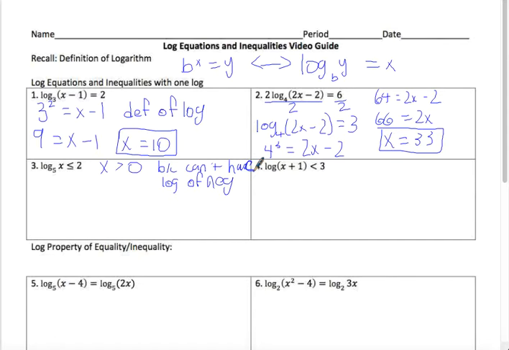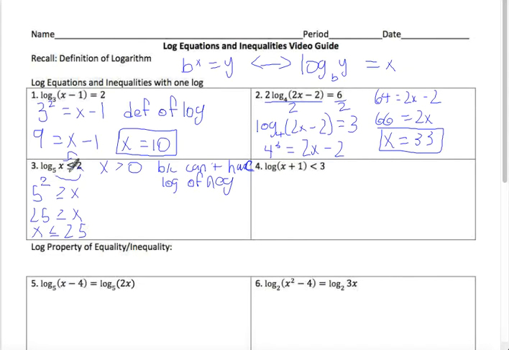So converting to exponential form, we're going to get 5 to the power of 2 is going to be greater than or equal to x. So 25 is greater than or equal to x, or x is less than or equal to 25.